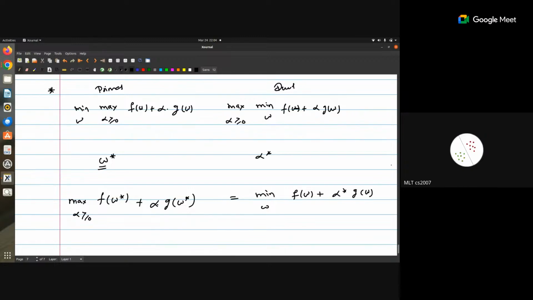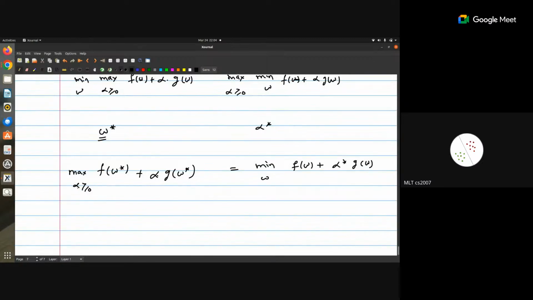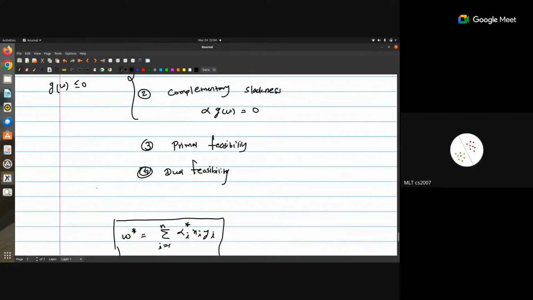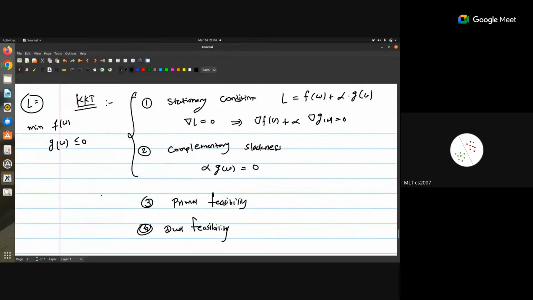Now what is this part? We already said, if g of w is less than or equal to 0, what is the maximum value? f of w star. I think I have written it somewhere. This is the case, right?